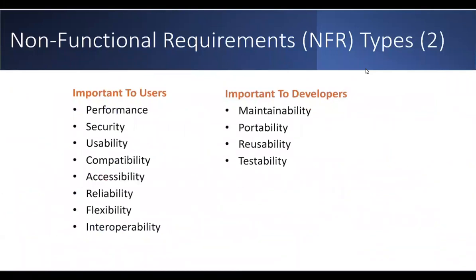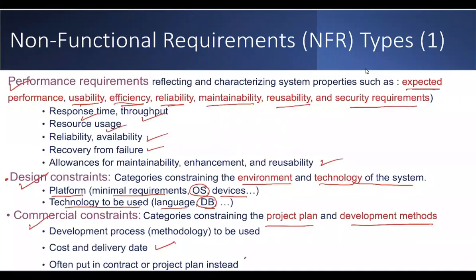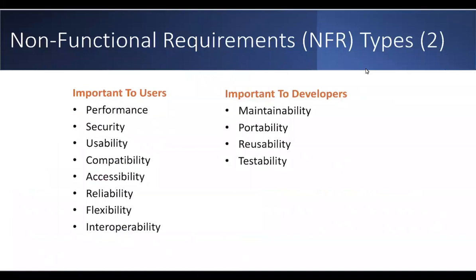As I said before, we have different types of non-functional requirements, whether they are performance requirements, design requirements, or commercial requirements. Some of them are important to the users. Some of them are important to the developer.